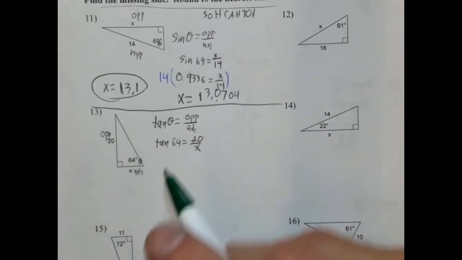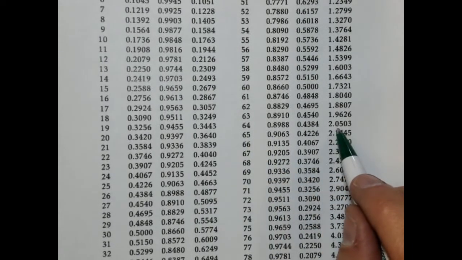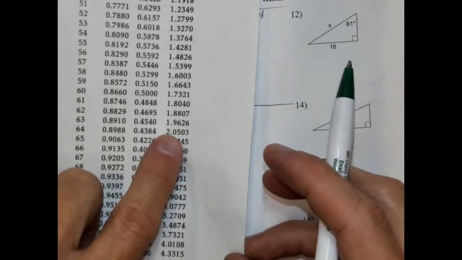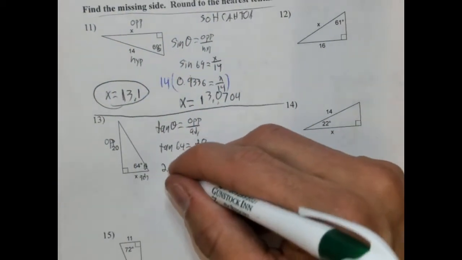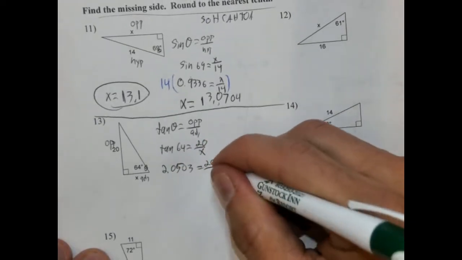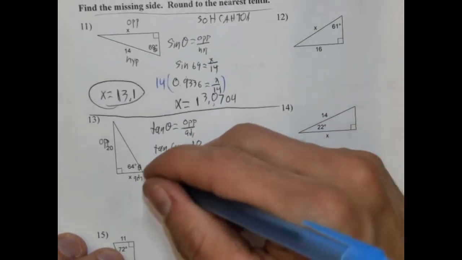So let's find tangent of 64 degrees. 64 is here. Tangent is the third column, so it's going to be this one, 2.0503. So 2.0503 equals 20 over x. We're going to multiply both sides by x to get it out of the denominator.